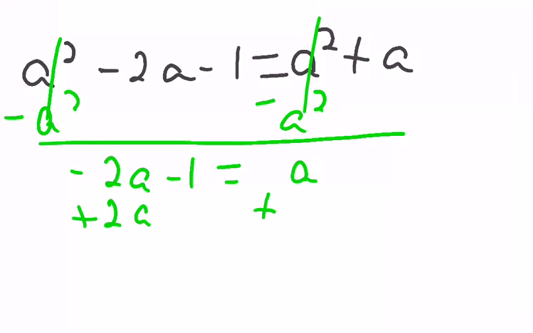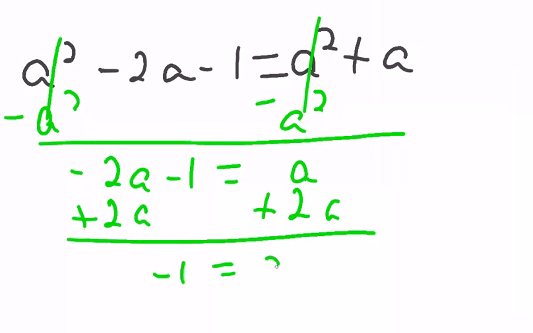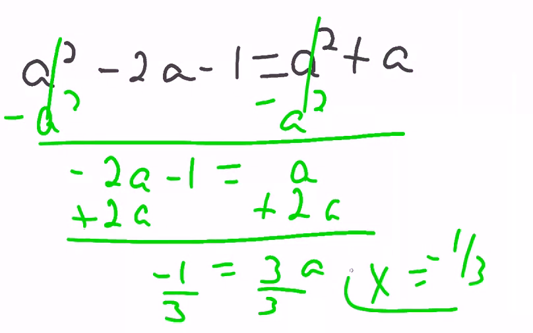Add the 2a to both sides. We get negative 1 equals 3a. Divide by 3. So a equals negative 1/3. Again, check your answer, but this one works.